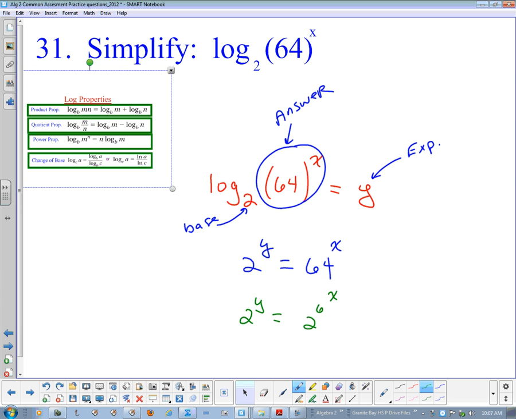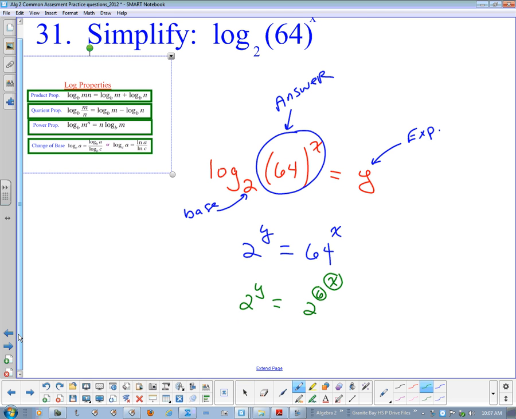When you raise a power to another exponent, what do you do? You multiply them, right? So I'm going to have 2 to the y is equal to 2 to the 6x. Well, guess what y has to equal then? 6x.